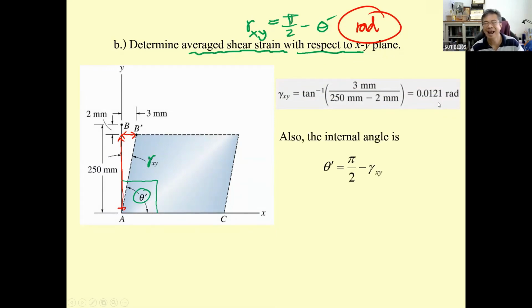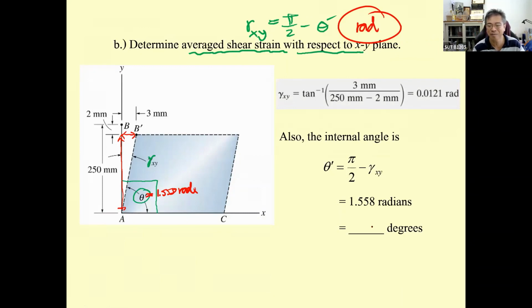Okay, and the internal angle can be determined by pi over 2 minus 0.41. So the angle over here, you can determine it to be 1.558 radian. That is going to be very easy, right?